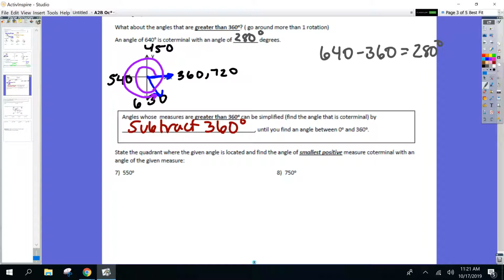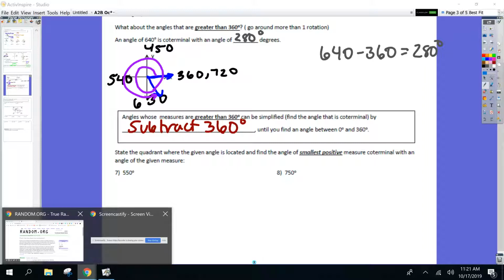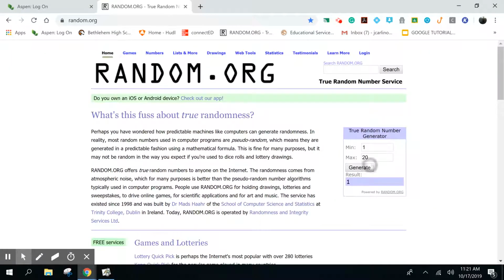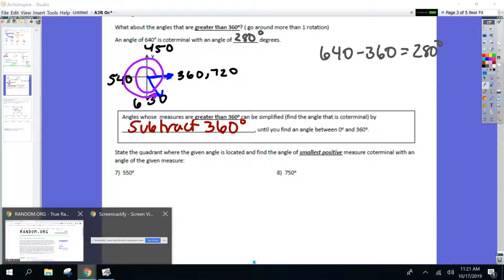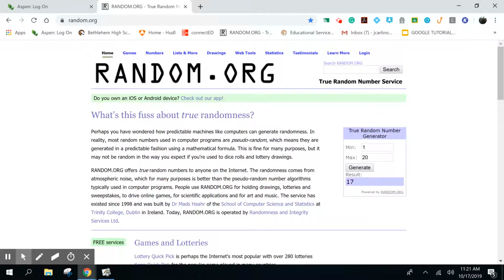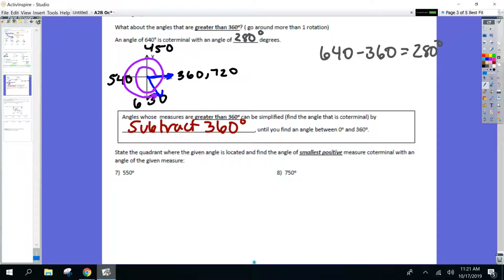Okay, number 7 here, 550 degrees. First, tell me what's the smallest positive angle it could turn into? Coterminal. 190. Good.